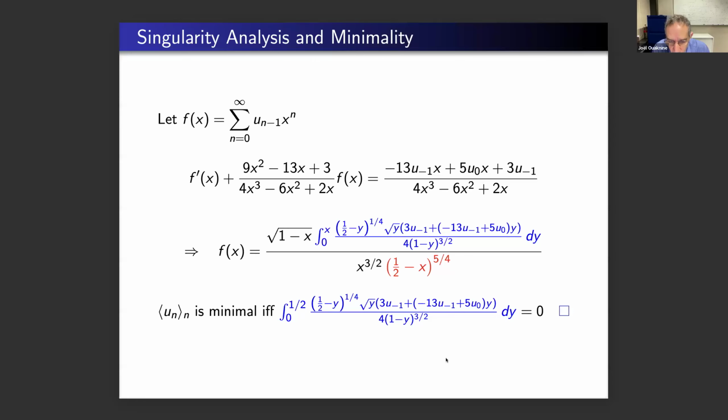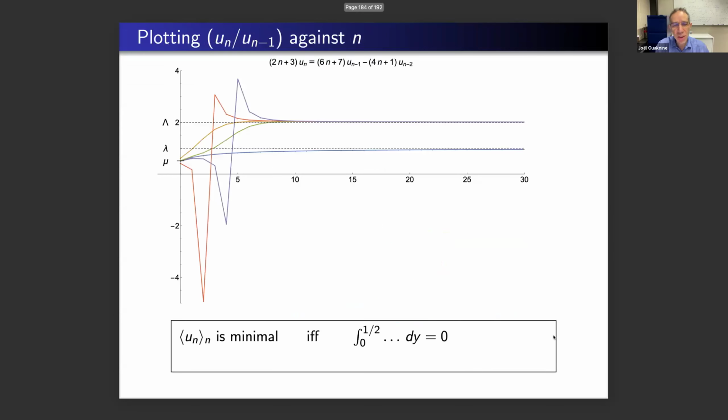And if you look at the blue part, it looks a bit like, oh, what is this? It's actually an algebraic function because, well, this u_0 is given to you. u_{-1} is given to you. These are algebraic numbers. So you just plug in whatever algebraic numbers you've been given, and then you have an honest to God period. Well, we're trying to decide if an honest to God period, a 1-period, is equal to 0. And I've just claimed earlier we have an algorithm to do this. So we can decide. So just to summarize, u_n is minimal if that integral is equal to 0, which we can decide.